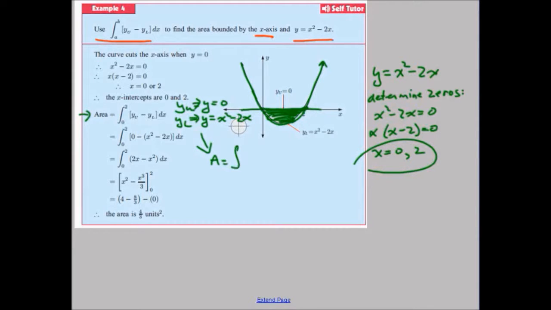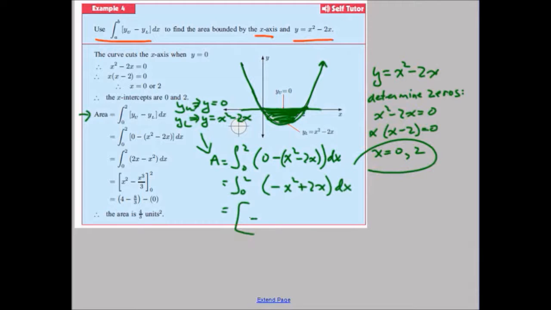So the area from 0 to 2 of this upper curve, which is 0, subtract the lower one, which is x squared minus 2x. And that's my integral. So subtract x squared plus 2x dx.